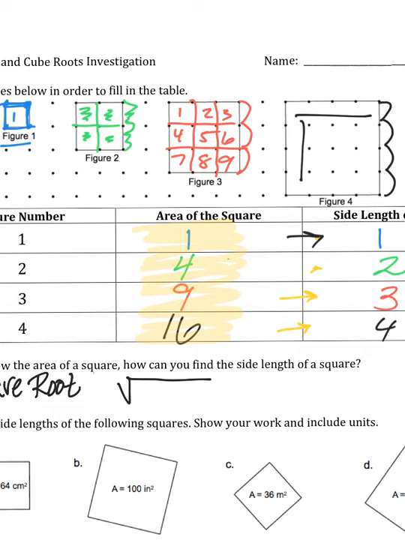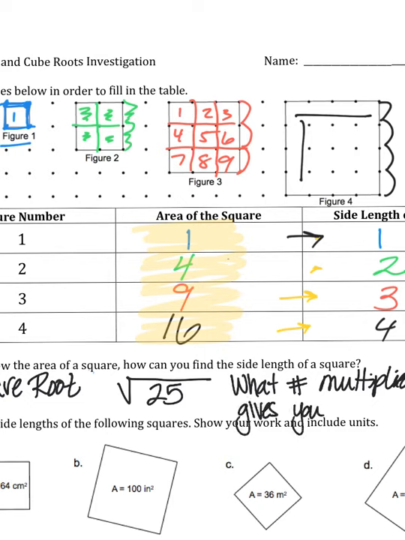And if I want to know, for example, the square root of 25, I'm trying to figure out what number or what value multiplied by itself gives you the value under the radical.